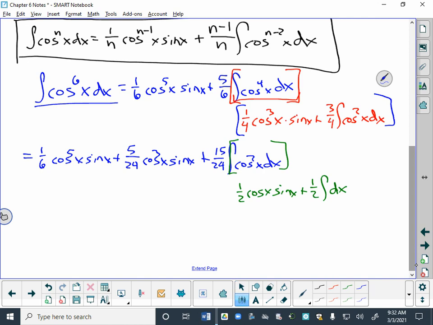So the 15/24 is going to distribute through that. This, of course, antiderivative of dx is just x. And we'll throw the plus constant on there.